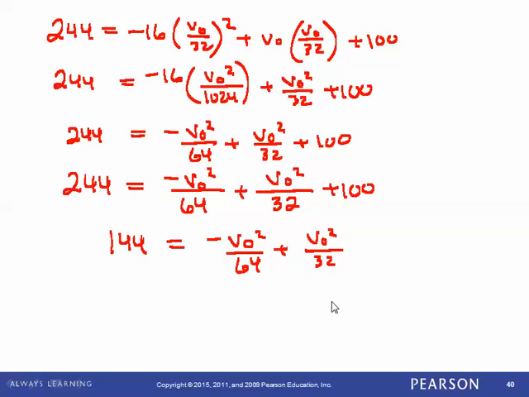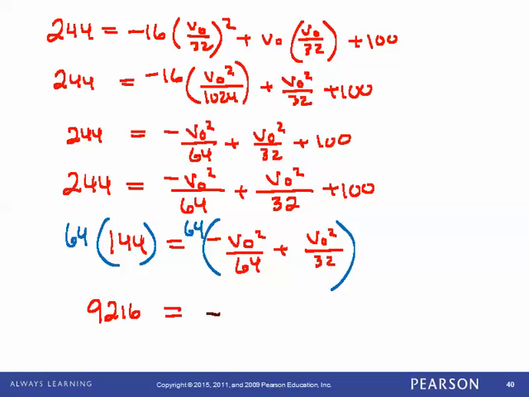Before we do that, maybe we'll just move the 100 over. That's probably the easiest, just so we don't have humongously big numbers here. Moving the 100 over, let's multiply 64 on this side, 64 on this side. Again, huge number here, 9,216.